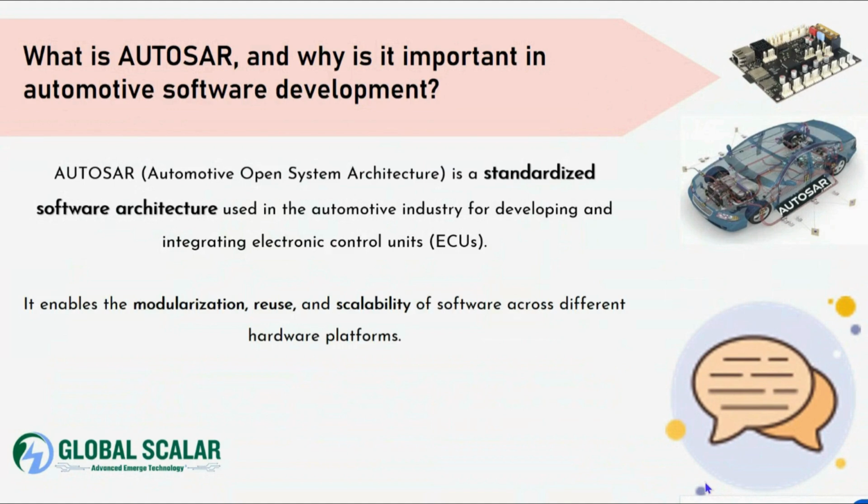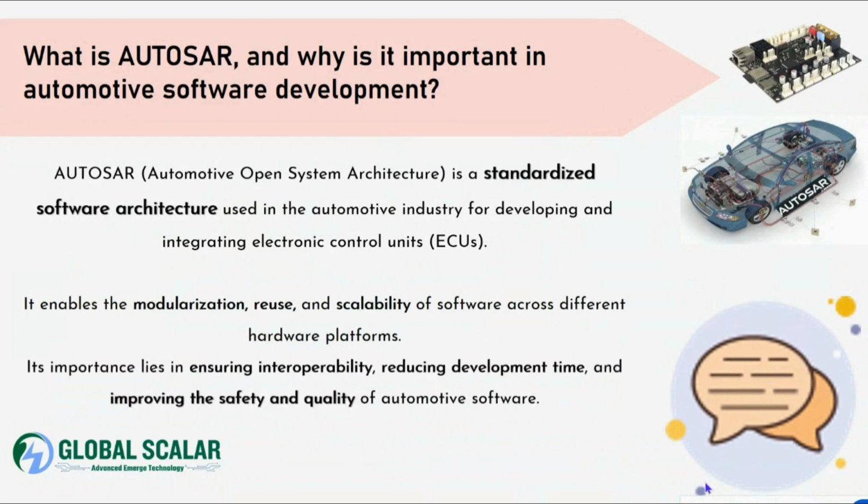It enables modularization, reuse, and scalability of software across different hardware platforms. Its importance lies in ensuring interoperability, reducing development time, and improving the safety and quality of automotive software.